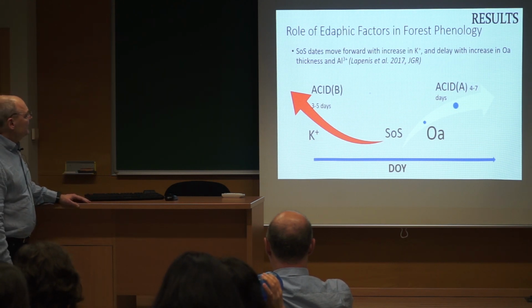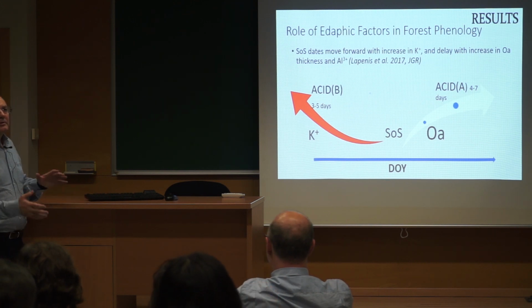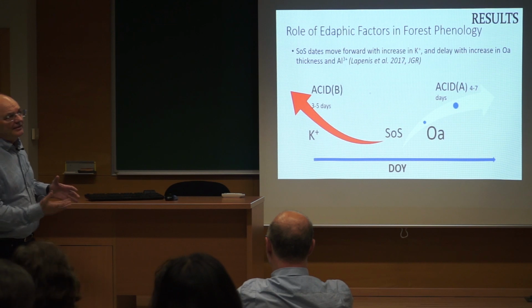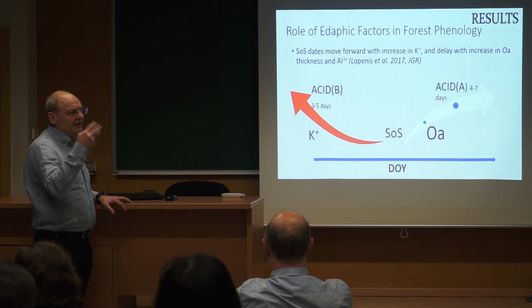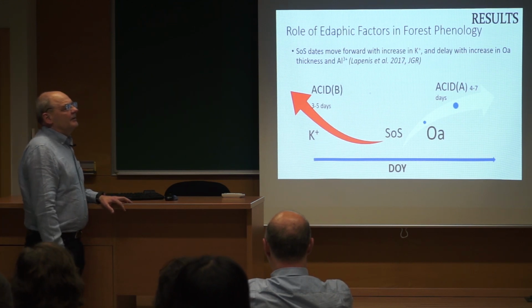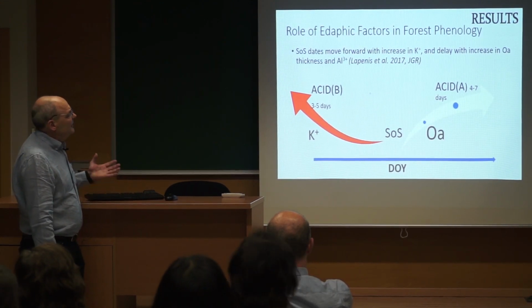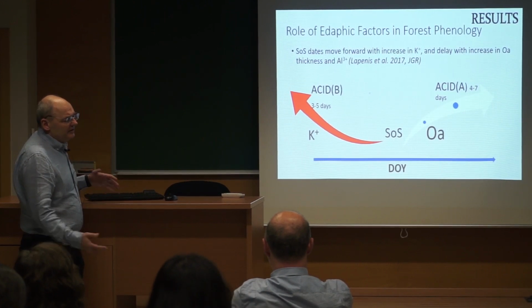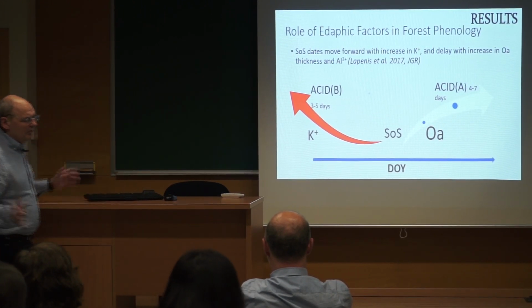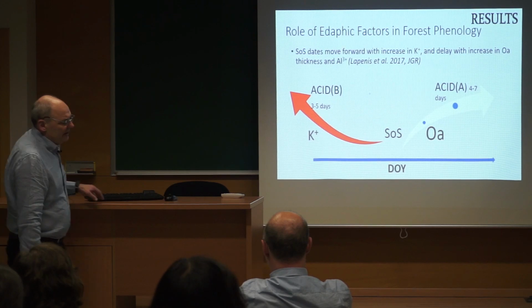What you can see from this result is that there are three prominent variables. It's actually more than three, because acid is a categorical variable, so it has three values. But these three variables contribute to variability and describe about 30–40% of all spatial variability in SOS.